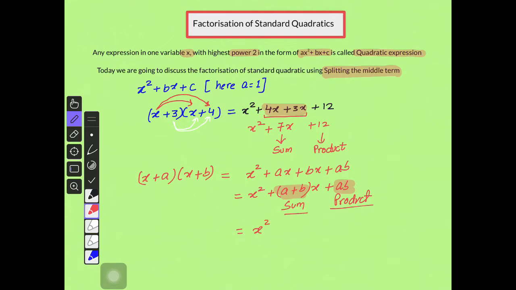So if we have any quadratic, for example x squared plus sum times x plus product, that can be factorized as x plus a times x plus b, where a and b are the numbers which multiply to give the product, and if you add them you get the sum, the middle term. So it's all about the sum and product.